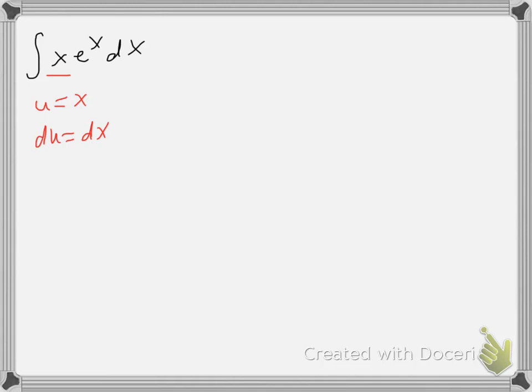I don't have a trigonometric, but I do have an exponential. So my natural choice for dv will simply be e to the x dx. If I find the antiderivatives of both sides of this equation, I'm going to get v is equal to e to the x, because the antiderivative of e to the x is just e to the x.